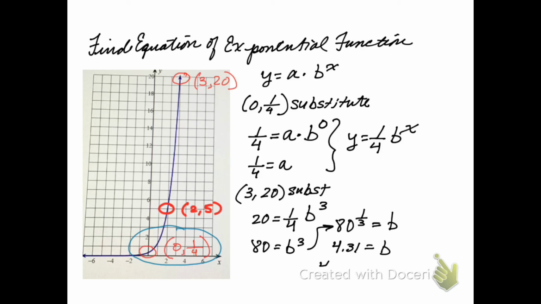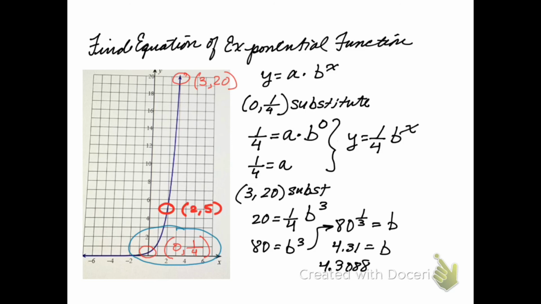On the calculator, I actually had 4.3088. There's no definitive number of significant digits that I am going to require here. I would say 2 or 3 would be a good idea, to the second or third decimal place.